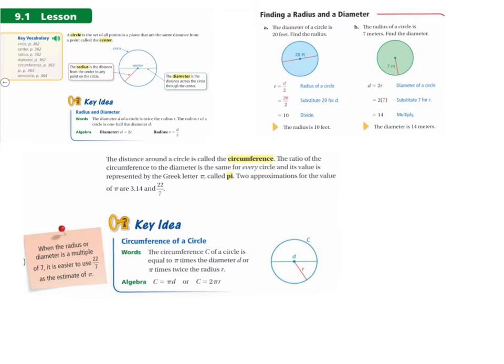So that's why if you guys have ever seen the compass, it has the little pointy part that goes in the center, and then you pull the pencil part out, and however far you pull it out, that is called the radius because it is halfway across. But it is from the center to this outside part. So however far you make the radius from the center will determine how big your circle is.